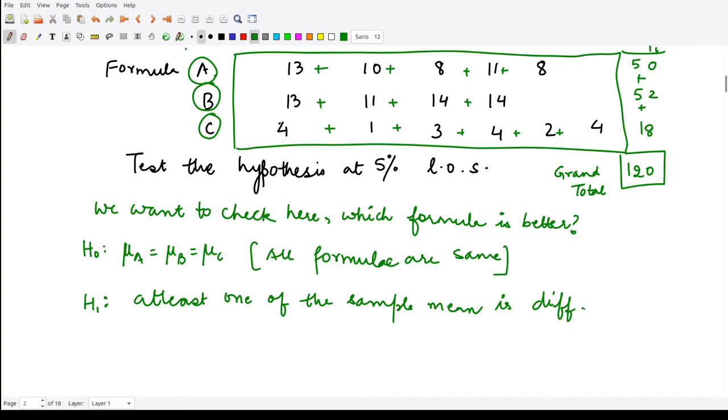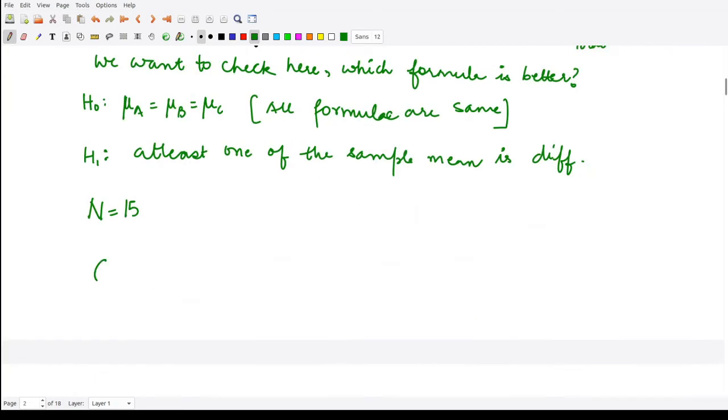Right? And here we have n equal to 15. The correction term C is calculated by G square divided by n. What is G? G is your grand total.